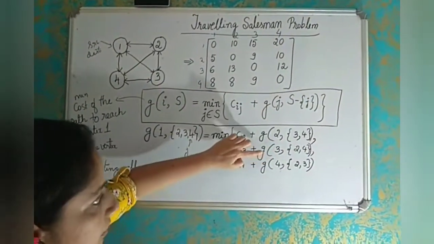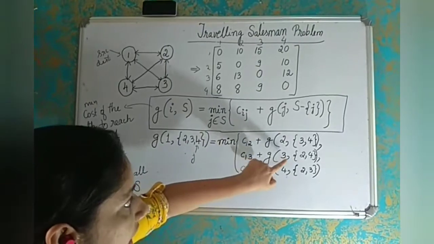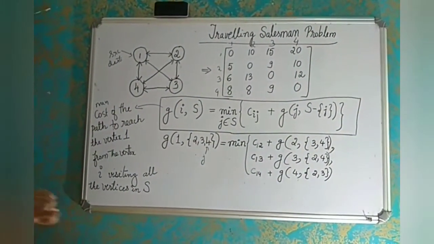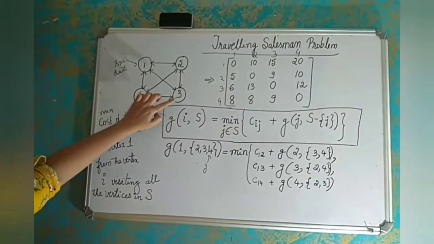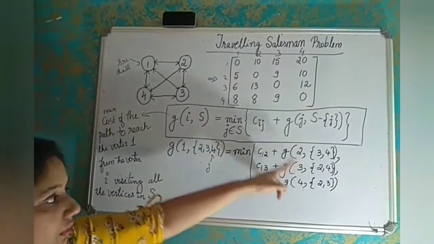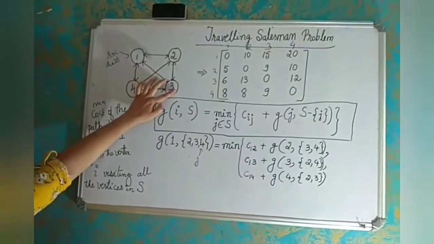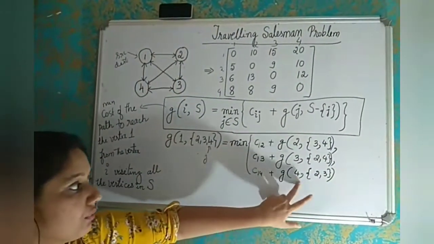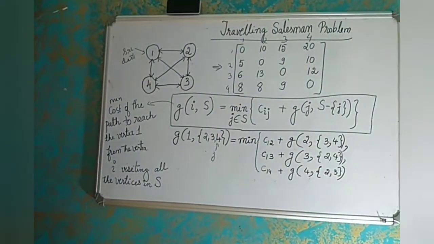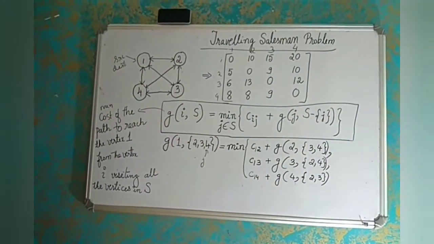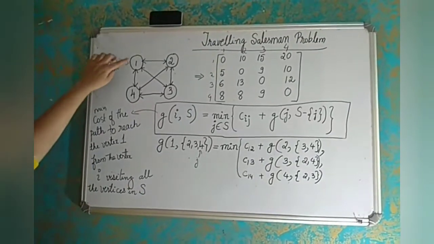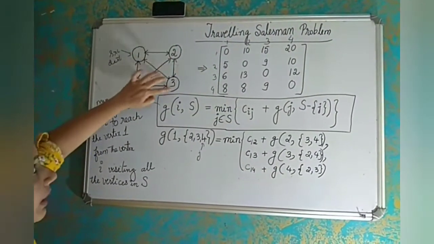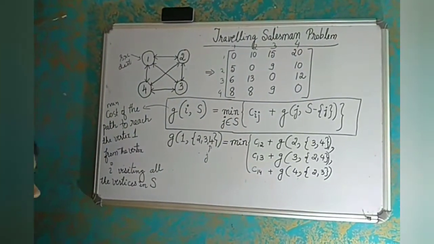Next, G of 3, 2, 4: what is the cost of reaching the vertex 1 from the vertex 3, where 3 is the source, after visiting 2 and 4? Similarly, G of 4, 2, 3: it is the cost of reaching the destination 1 from the vertex 4 after visiting 2 and 3. That is the meaning of this.